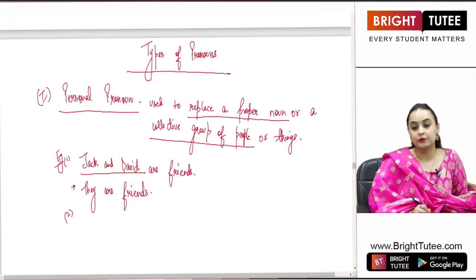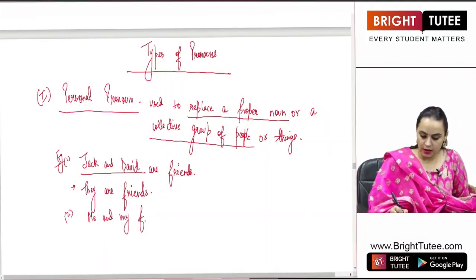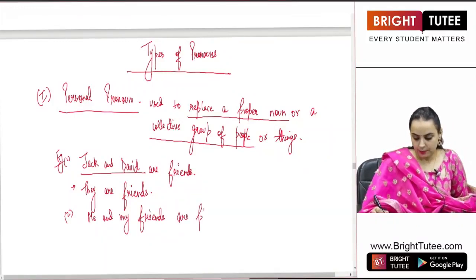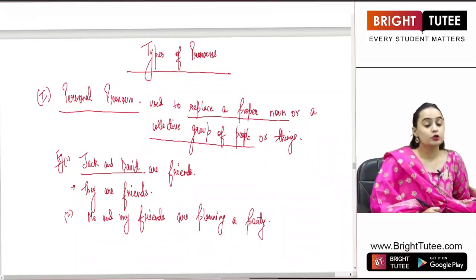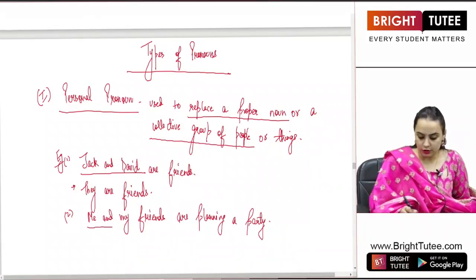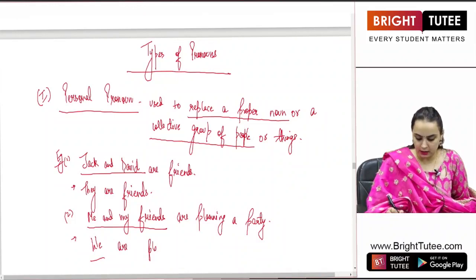If I give you another example, me and my friends are planning a party. So who are the people being talked about in this sentence? Me and my friends. What is the pronoun that I am going to use? We. So we are planning a party.